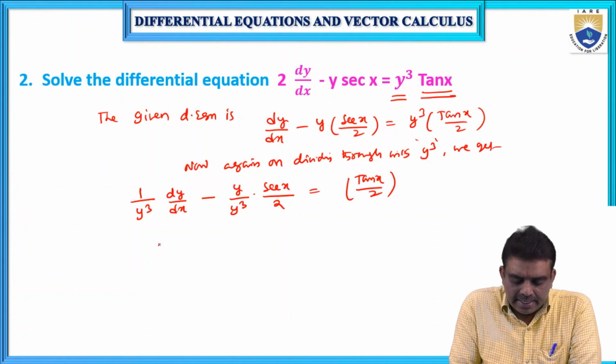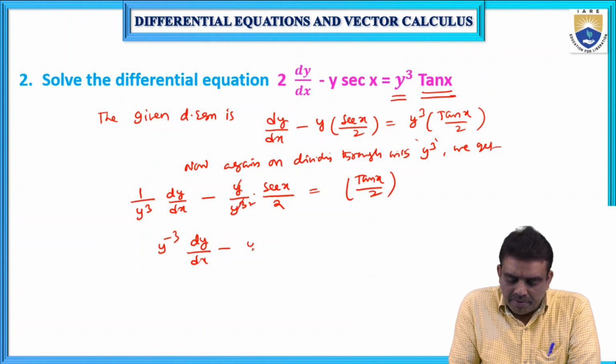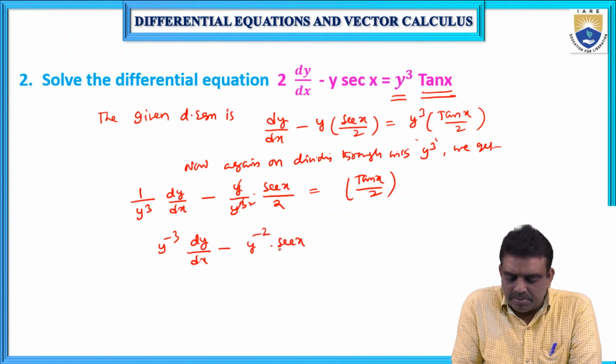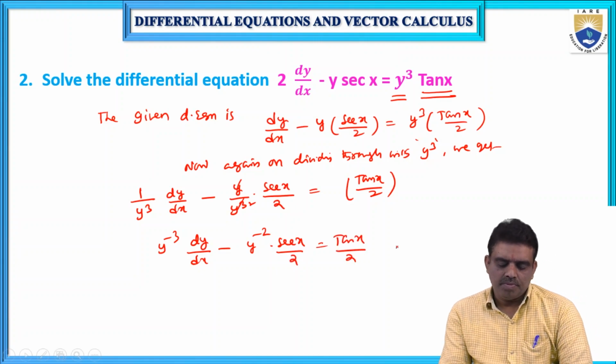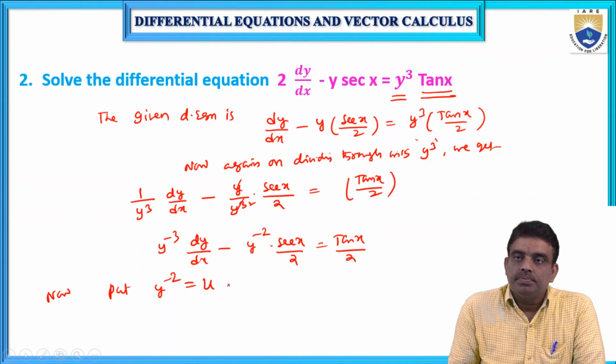Or I can rewrite it as y power minus 3 dy by dx minus y power minus 2 secant x by 2 is equal to tan x by 2. Now put y power minus 2 is equal to u.